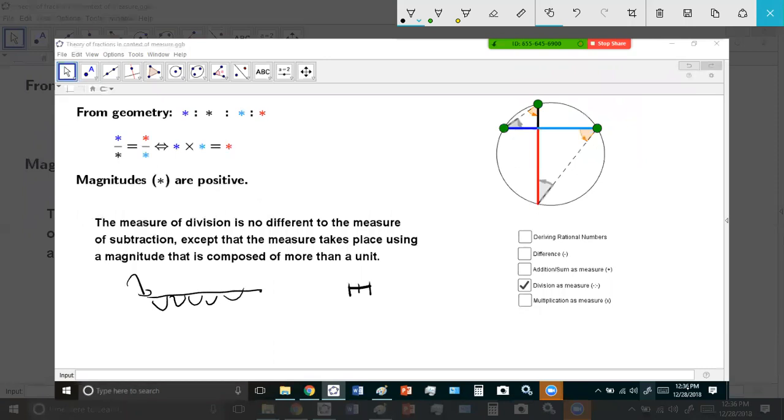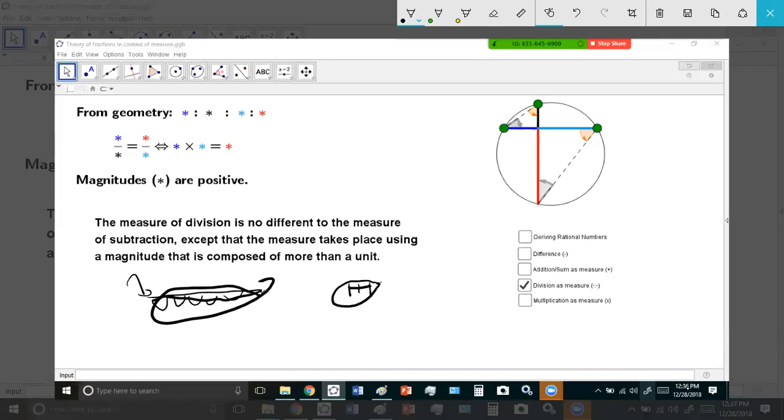So you're measuring this distance here using something else rather than a unit by itself. In other words, you're using a composition of units to measure this magnitude here. So the measure of division is no different to the measure of subtraction, except that the measure takes place using a magnitude that is composed of more than 1 unit, okay, or more than a unit. And that's all that is division.